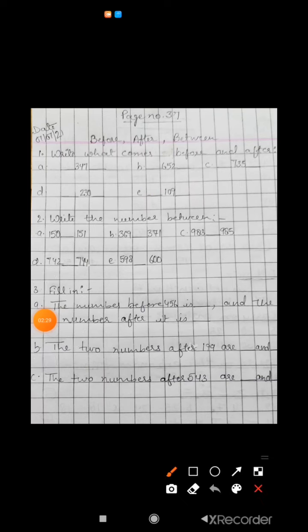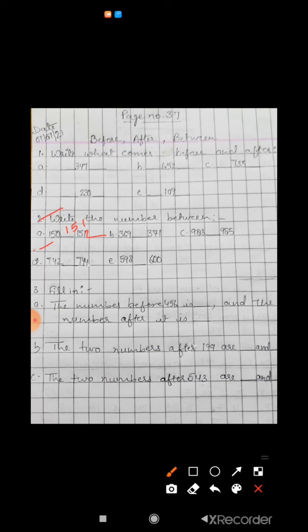Now question number 2. Write the number between. Here two numbers are given. In A part the question is, here you can see two numbers 150 and 152. Here you will write in between these two numbers. Write here 151.